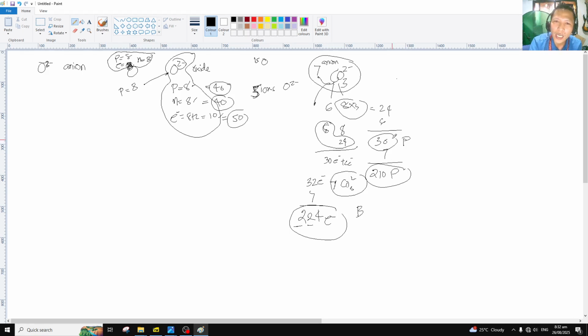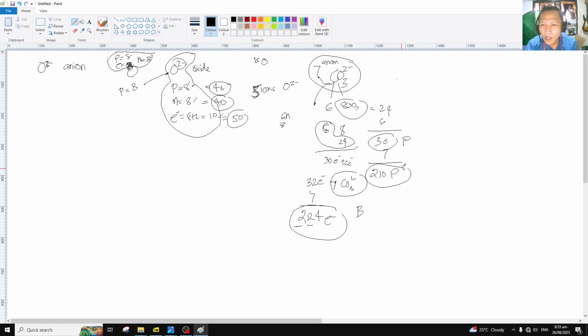Neutrons are normal. For carbon 6, it depends on the isotope, and for an oxygen, 16 minus 8 would be 8.